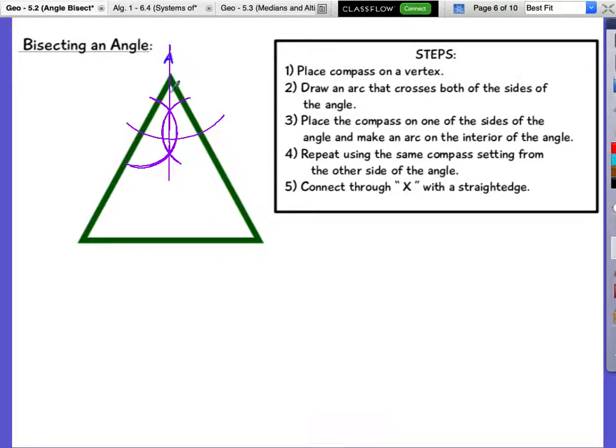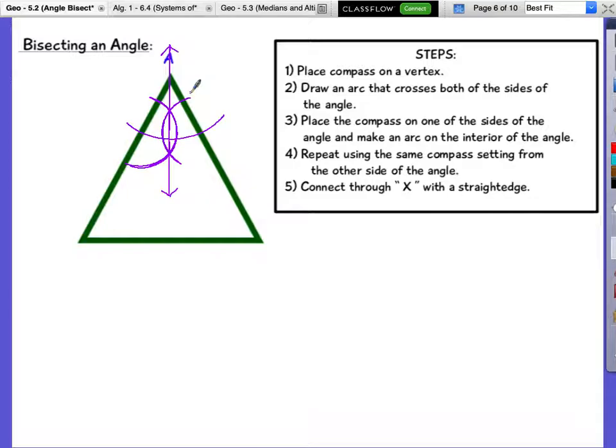Could you go right through the middle of the point up there? Ideally, yes. Mine was slightly off, but it should go right through the middle of this point up here.